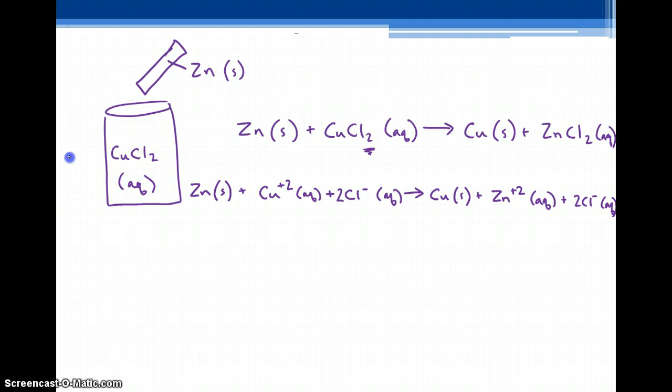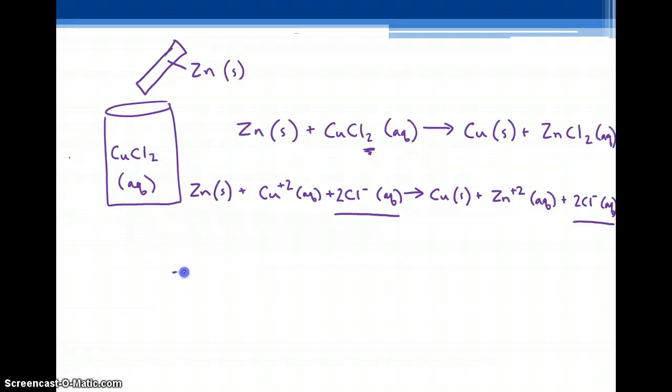Okay, so there's our complete ionic equation, but we need to cancel out what's the same on both sides. All right, on the left side, I can see 2 chlorides, and on the right side, I see 2 chlorides. So if they're the same on the left and right side of the equation, basically that means that nothing changed, nothing happened to chloride. They were just sitting there watching. We call those spectator ions.